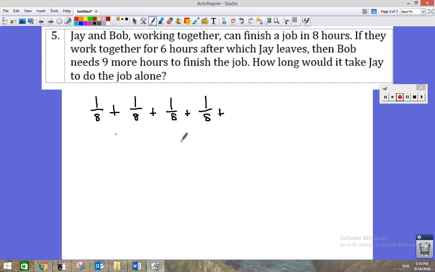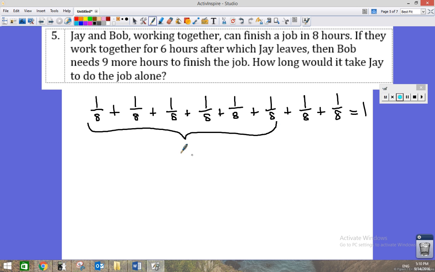There's 4 hours, then they've got half the job completed. 5 hours, 6 hours, 7 hours, 8 hours, and the whole job is completed. Well, it says that they worked together for 6 hours, so they completed this part of the job. They completed 6/8 of the job.